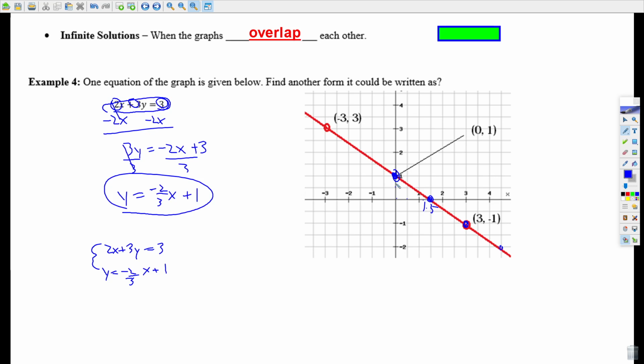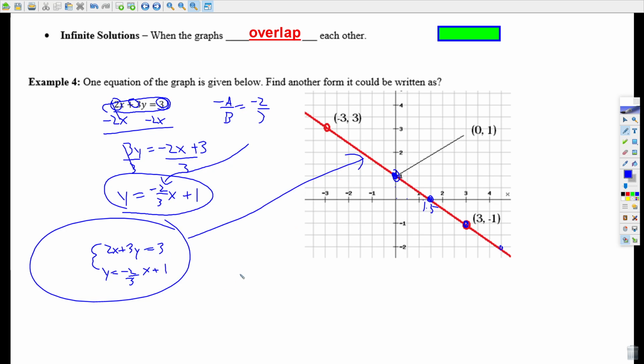There's your 1. You could also do the shortcut for the slope. Remember, it's negative a over b, which would be negative 2 over 3. It's the same slope as the one down here, down 2 over 3. So it all matches up. These are the same two equations for the same graph. So the answer here would be infinite solutions. They're actually the same line overlapping each other.